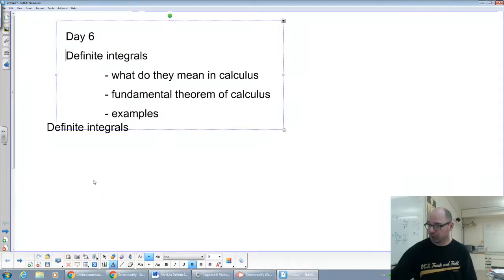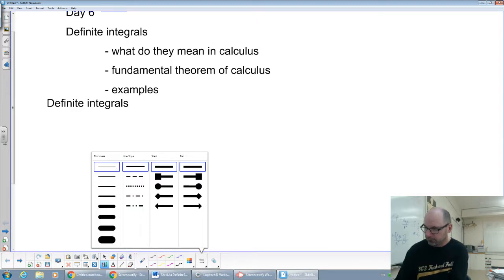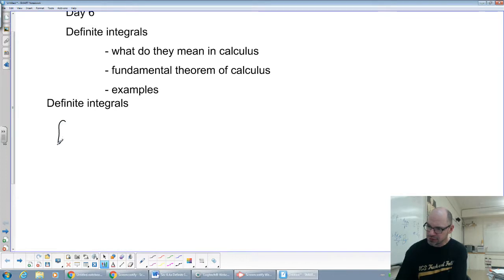All right, so let's look at definite integrals. Let's start with a definition here. I guess we'll use the marker because you've got to use just kind of what the equation is. So the definite integral, if you take something and you integrate it from b to a, these are two numbers.